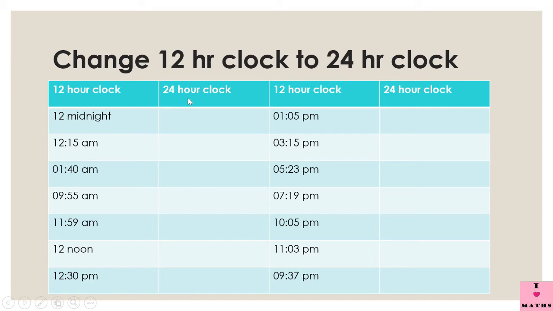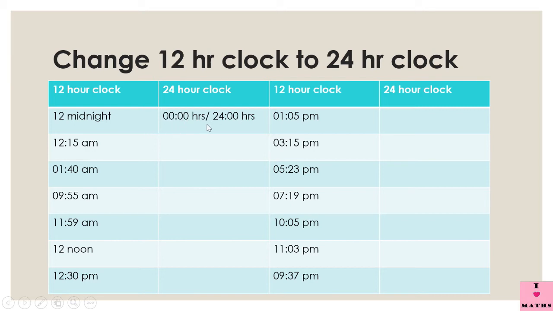The day starts at 12 midnight, and that is the reason 12 midnight can be written as 0000 hours. It can also be written as 2400 hours, since the previous day finishes at 12 midnight and the next day starts.